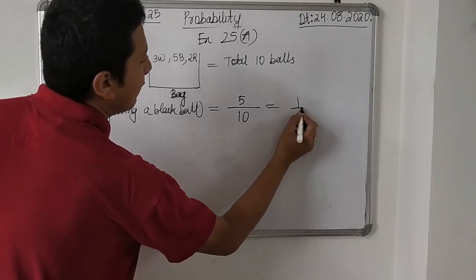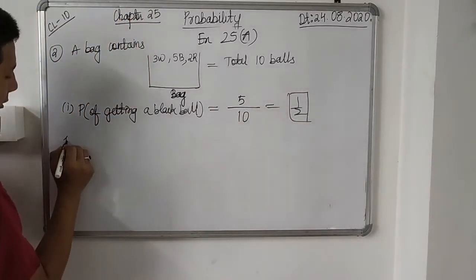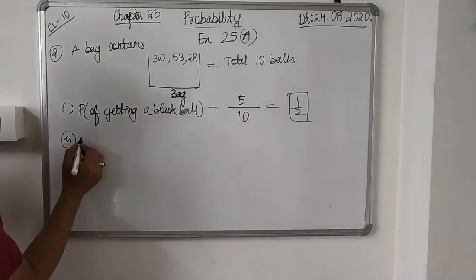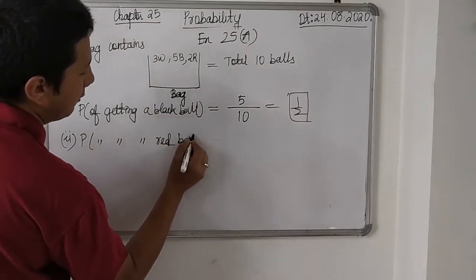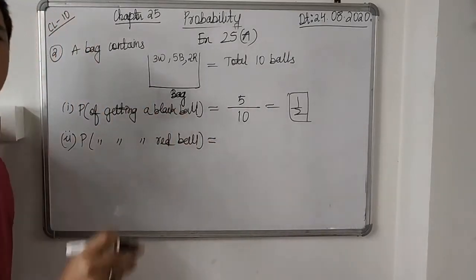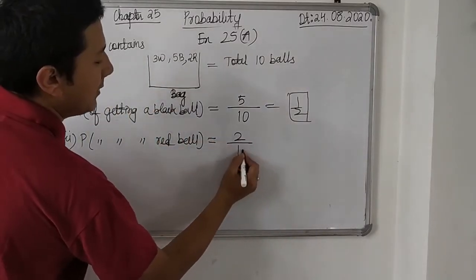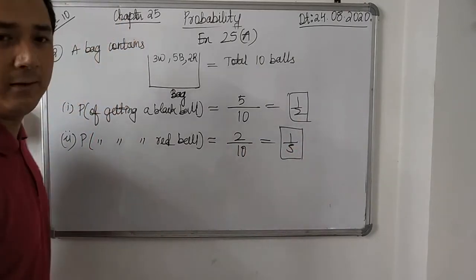So hence 1 by 2. I hope you're clear with this. Let's move to number 2. Probability of getting a red ball. How many red balls are there? 2 red balls out of 10. So 1 by 5. Very easy.